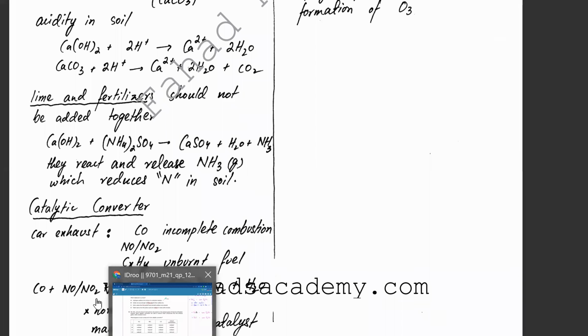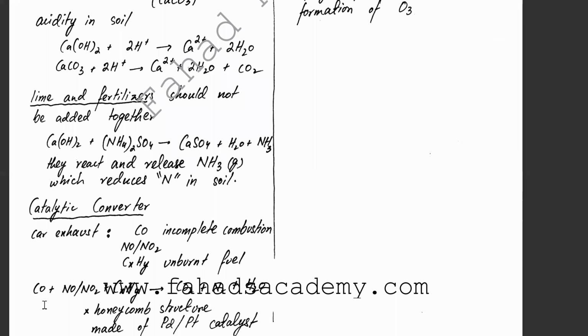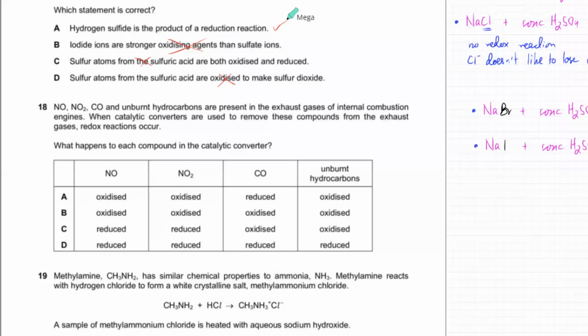So the equation over here is sort of hidden, but I'll tell you what it is. Car exhaust has all these gases: carbon monoxide, oxides of nitrogen, and unburned hydrocarbons.